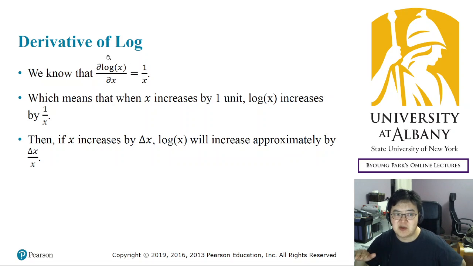And in general, if x increases by delta x, which may be different from 1, then log of x will increase approximately by delta x over x, proportionally to this argument. So when 1 unit increases 1 over x, delta x units increase delta x over x. So you get it.